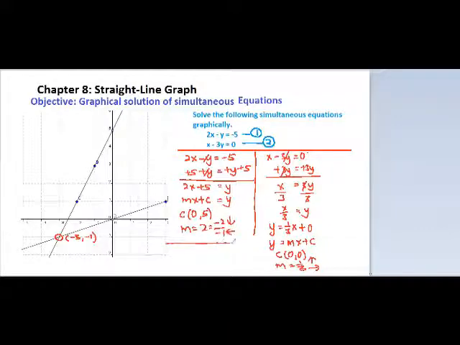So the solution is x equals -3 and y equals -1. This is how we solve simultaneous equations graphically from the beginning until the solution is found. Thank you.